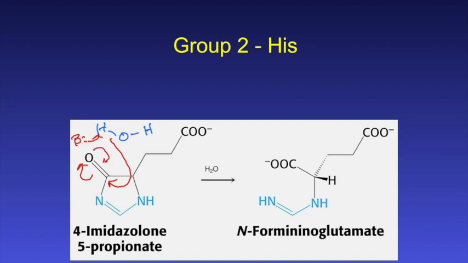Okay, and then what happens? The bond breaks between the carbonyl carbon and the nitrogen, and it's going to pick up a what? And you have done it completely right. All right? That could have been a test question. Can you do that?